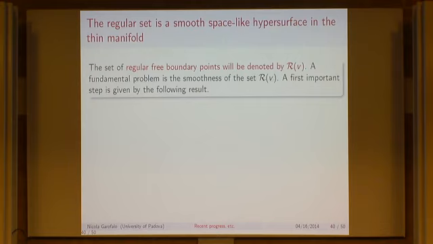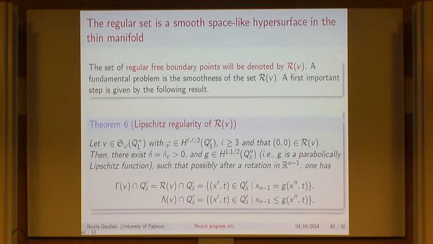So the regular set is a smooth space-like hypersurface in the thin manifold. That's the main result that I want to prove. The first important step in this program is to show the Lipschitz regularity of the regular set.